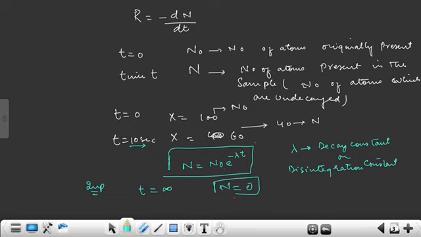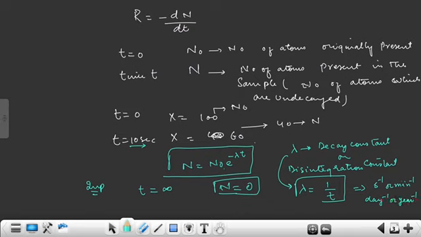The decay constant is generally represented as 1 over t, and it has units of per second or per minute, depending upon the substance. It can also be per day or per year.